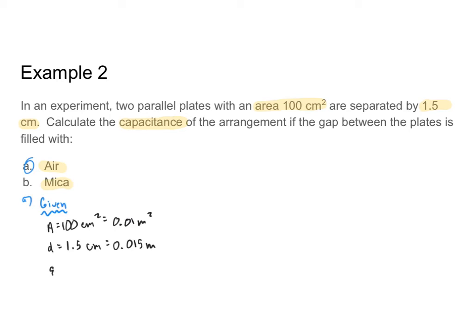And we know that for air, epsilon over epsilon naught, so the permittivity divided by the permittivity of free space, or the dielectric constant, is approximately 1. Therefore, epsilon is equal to epsilon naught, our permittivity of free space. And for this question, our unknown is going to be the capacitance of this arrangement.